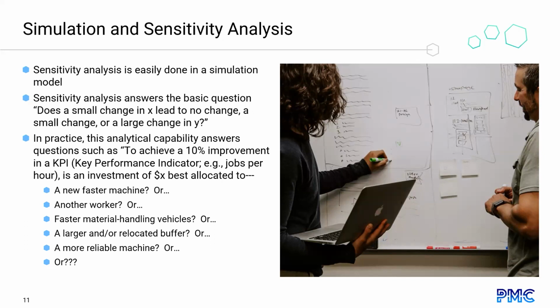And Y represents typically some performance metric of importance to you, like amount of throughput, average queue length, average waiting time in queue, utilization of an expensive machine, and so forth.